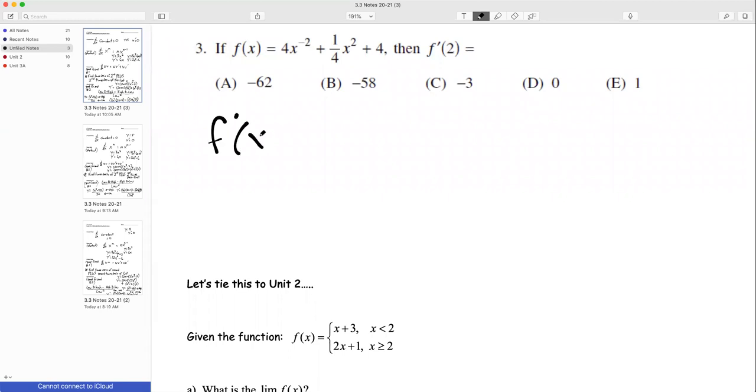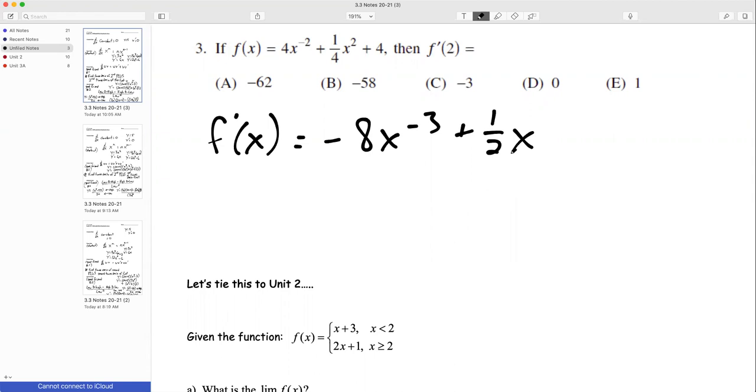F prime of x. And look at yours. See if it looks like mine.